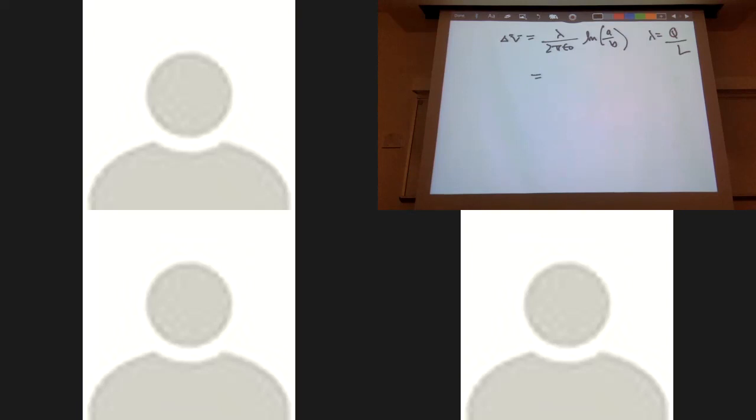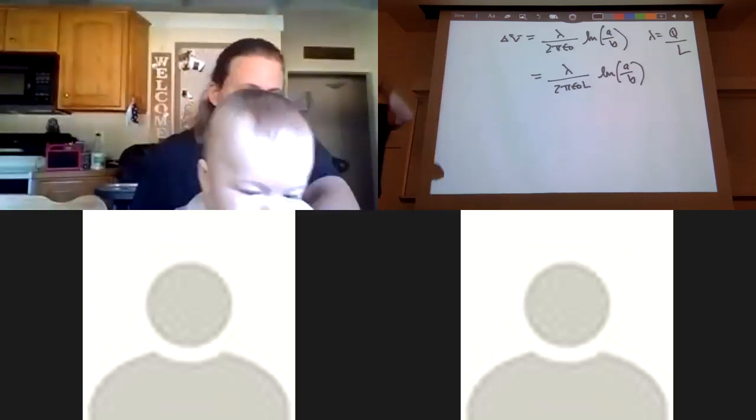So this is also equal to Q divided by 2 pi epsilon naught L times the natural log of A divided by B. So this is my change of potential going from the outer negative plate to the positive plate.